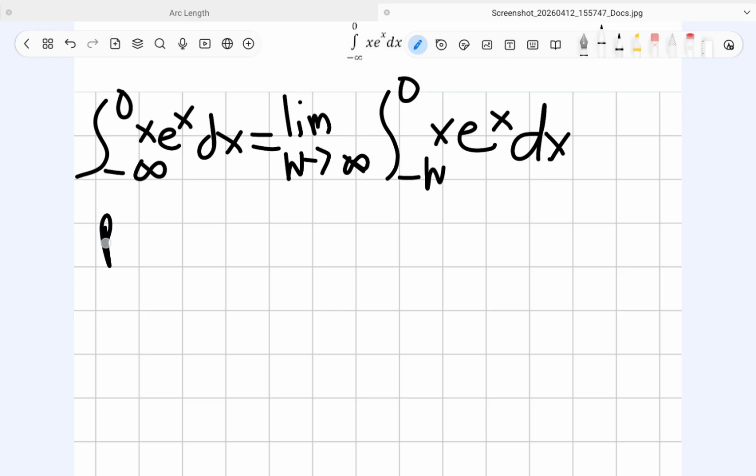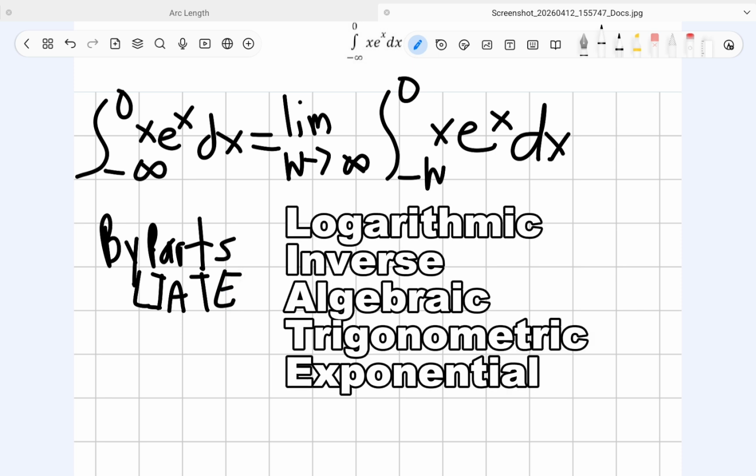And this is an integration technique, which is something that you guys should know. It's by parts. And for by parts, we must follow the acronym LIATE, which is logarithms, inverse trigonometry, algebraic, trigonometry, and exponentials.